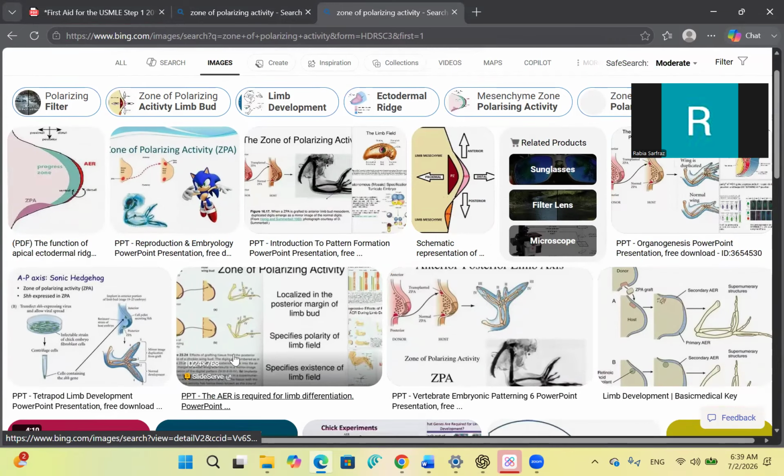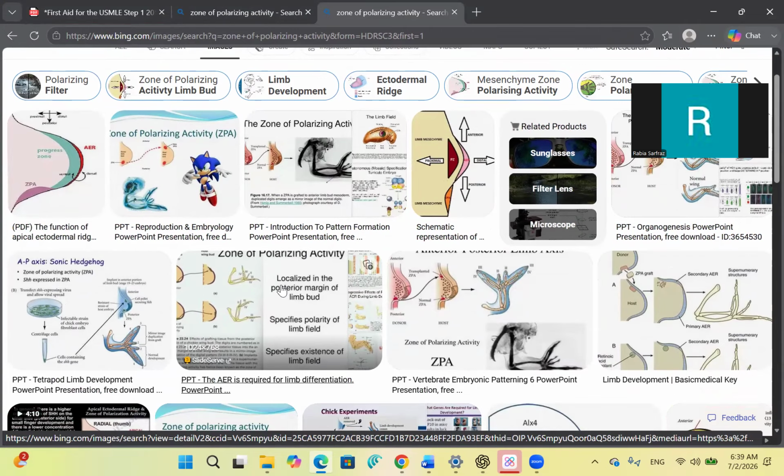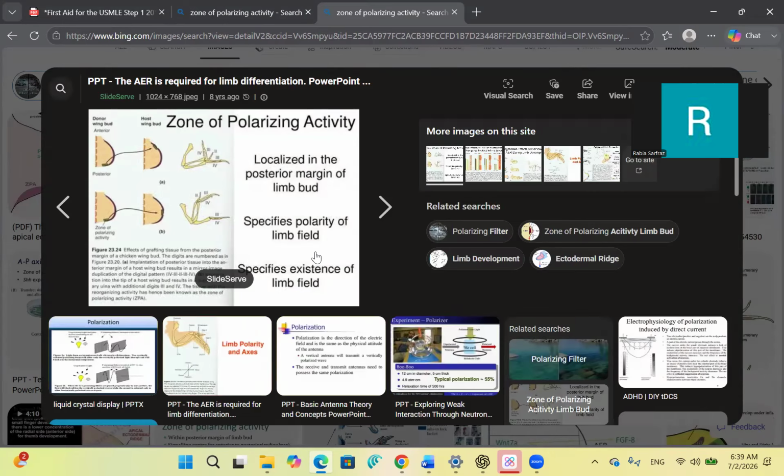Okay, so we have images for zone of polarizing activity. Let's see them. Posterior margin of limb bud specifies polarity of limb field, specifies existence of limb field.